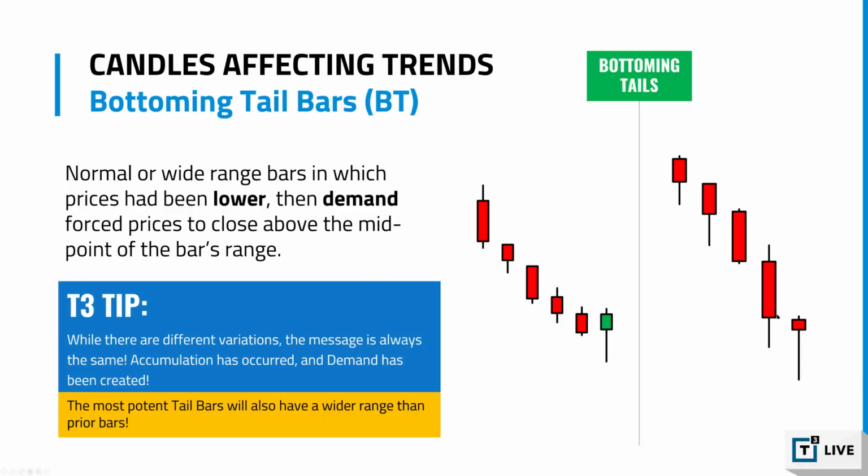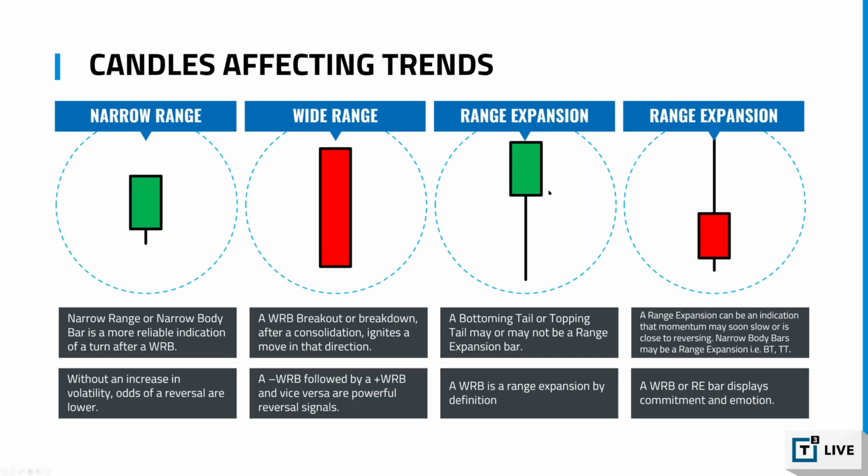So we talk about wide range bars in detail. I'm just going over them quickly. I'm not teaching much. We talk about topping tail bars, what they mean, right? Does the color matter, whether it's green or red? Does it? What about the size of the candle? Does that matter? What about the size of the topping tail?